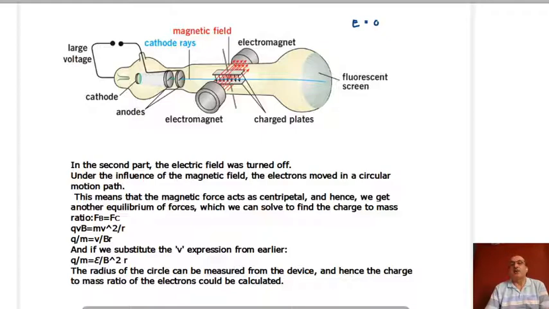If there is no electric field, it means there will be no electric force on the electron. So there will be only a magnetic field. As we know, the magnetic force is perpendicular to the velocity and also perpendicular to the magnetic field.